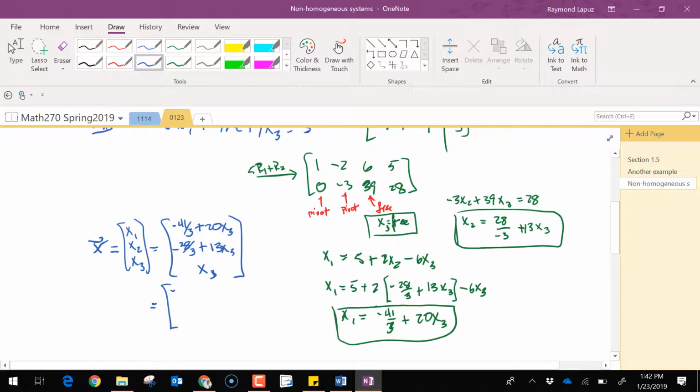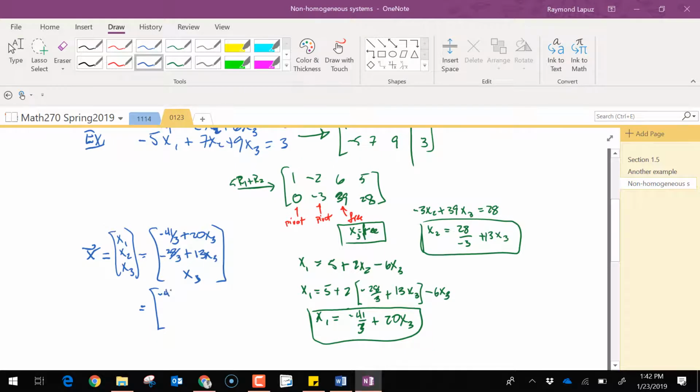One is a vector of constants, negative 41 thirds, negative 28 thirds, and 0, plus, hey, look at that. That looks familiar, right? The second vector, 20, 13, and 1, was the same vector that we saw in the homogeneous portion of things.